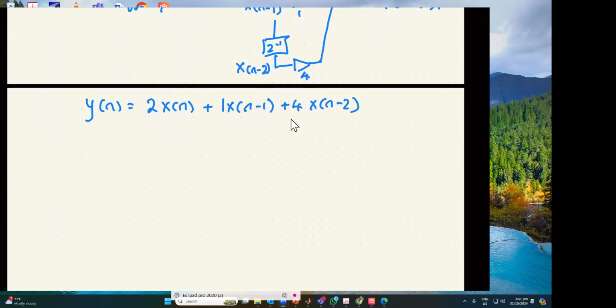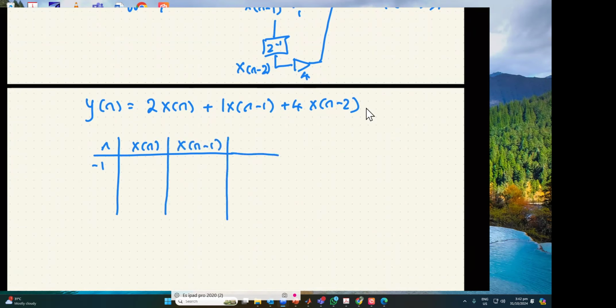Whether it's plus or negative is totally up to you. So I'm going to show you by brute force. Let's say this is n is minus 1. Let's say this is x of n. This is x of n minus 1. This is x of n minus 2. And this is y of n.